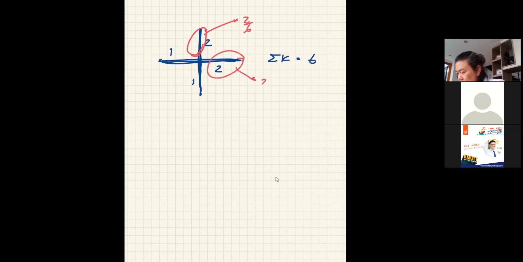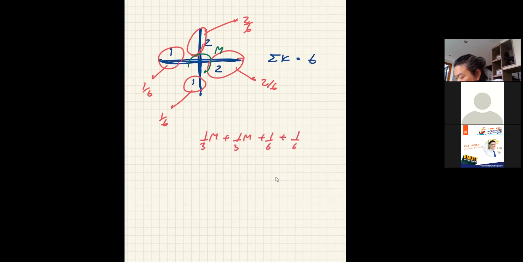This member will contribute 2/6. This member is 1/6. That member is 1/6. Correct? See how when you add them all up, it should be equal to 1. Because if you have the moment here, that is M, the resisting moment will be 1/3 plus 1/3 plus 1/6 plus 1/6 of the moment. So in the end, it's equal to moment M.